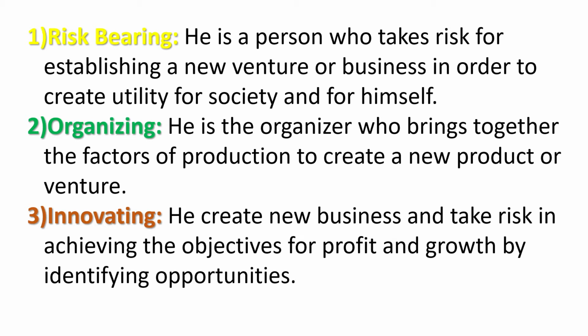He has to create his own market for his particular finished product. How can it be done? If he shows some creativity and some innovation in his product, only then is he ready to do all these things. So these are the three major elements associated with entrepreneurship: risk bearing, organizing, and innovating.